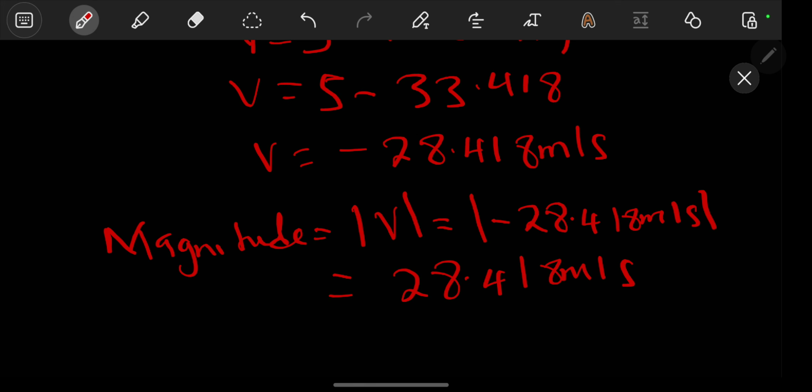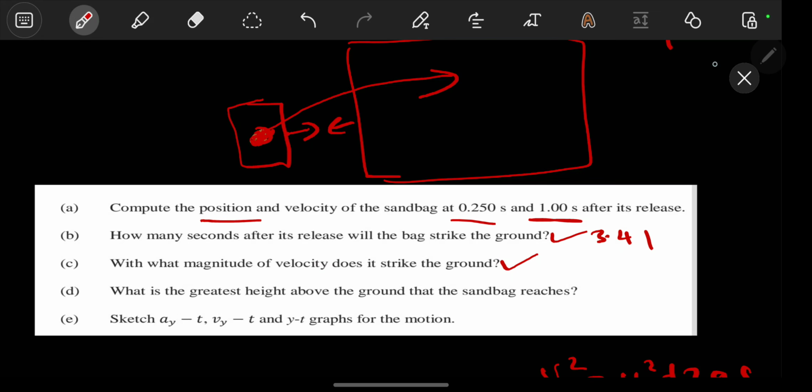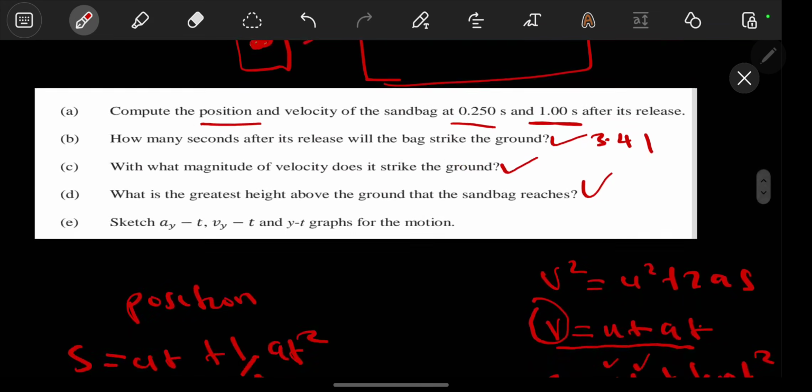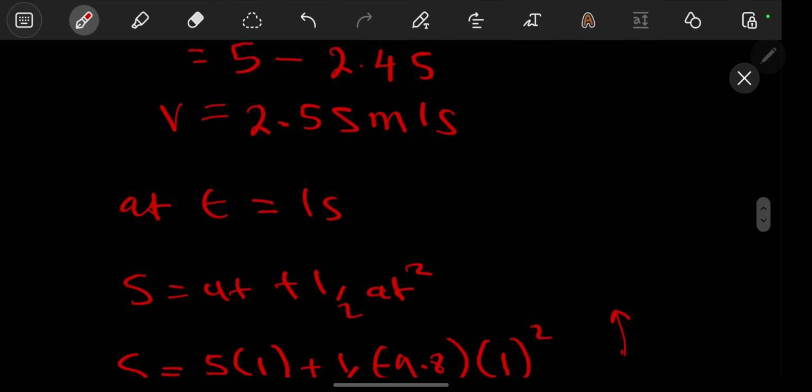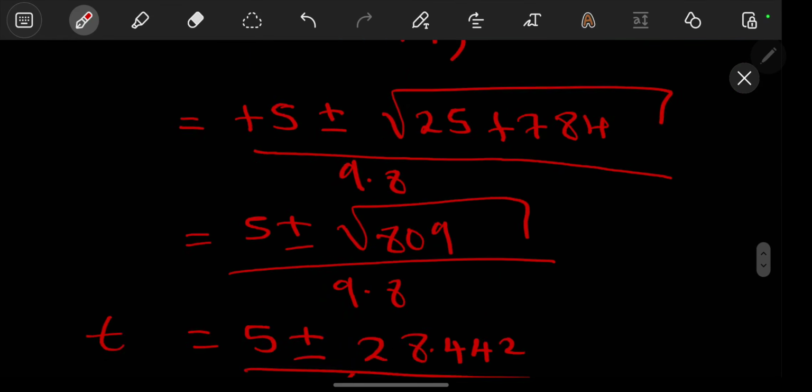So with that said, we can look at our next question. This one: what is the greatest height above the ground that the sandbag reaches? To find the greatest height, you must know one thing. If a body has reached its greatest height, that means the velocity is equal to 0 at the greatest height.